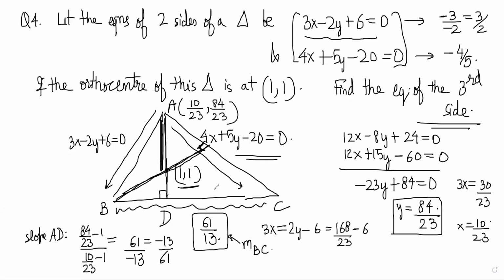Great. If I know the slope of my segment is 61 over 13, now I can check the options and immediately eliminate some options. So from here, I will write down the options for you.